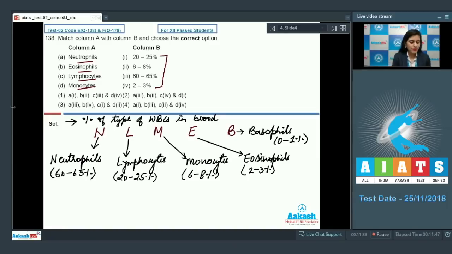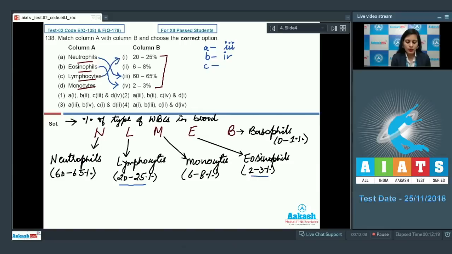Now we'll match the columns, where neutrophils, A in column A goes with 3 in column B. And eosinophils are 2 to 3%. So B in column A goes with 4 in column B. And C in column A, lymphocytes, which are 20 to 25%.